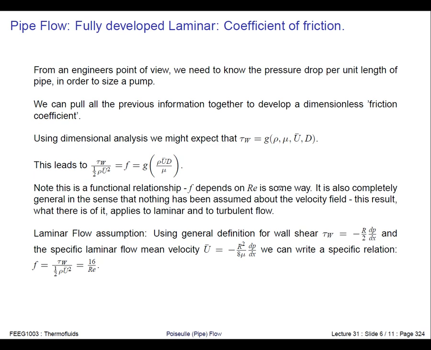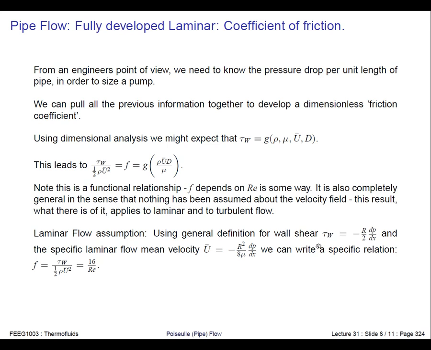So that's what we're going to do in a minute, but we can already do this for laminar flow. We don't need to do an experiment for laminar flow because we know what the velocity profile is, and effectively we know what the bulk mean velocity is and the wall shear.